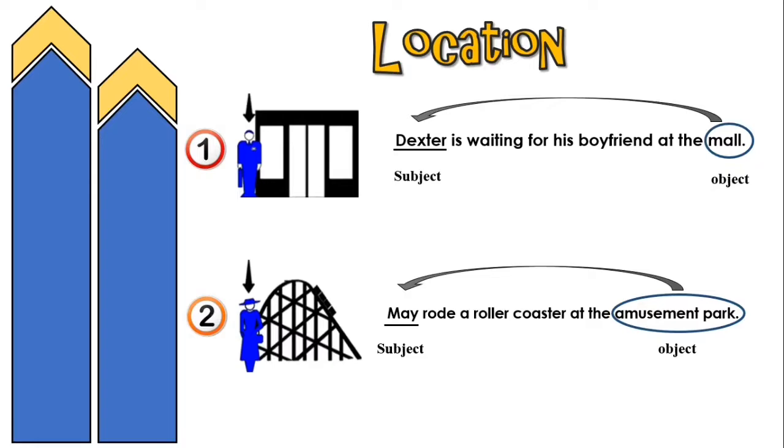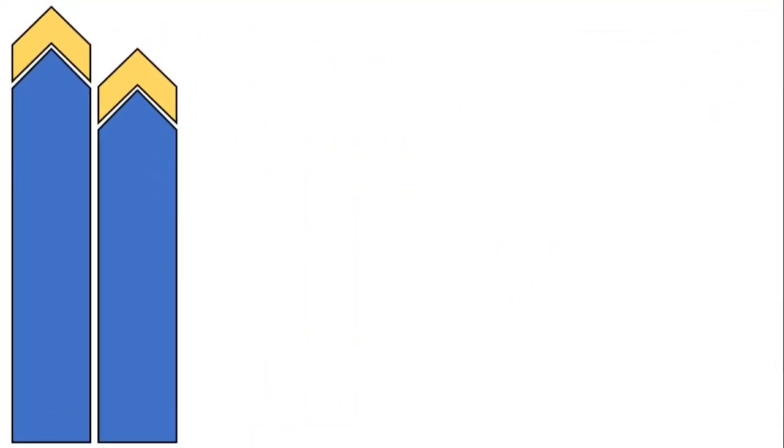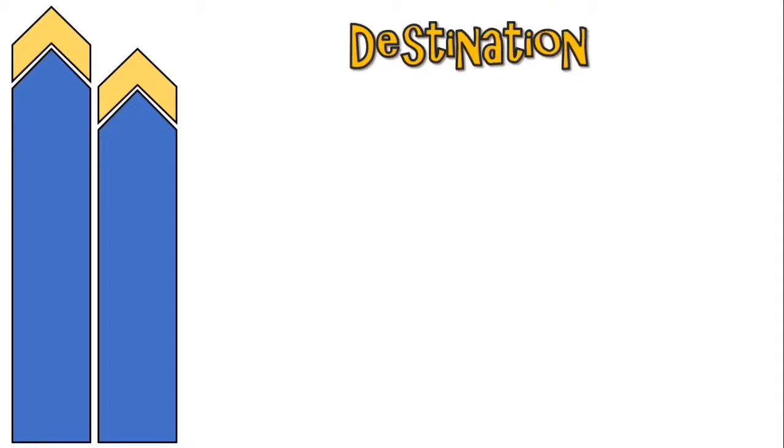Let us proceed now to direction or destination. For destination, it gives again cause and effect relationship, meaning there is something that triggers for something to happen. So for these examples, we arrive at the house early.